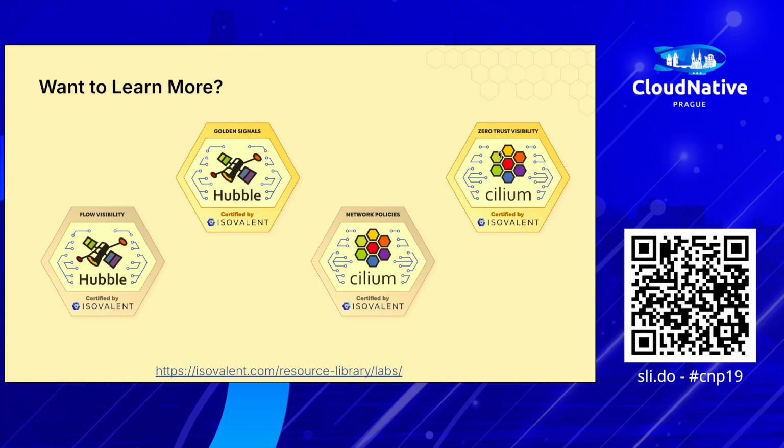We were playing with the golden signals today for HTTP, but the other interesting ones are the Hubble flow visibility lab, the network policies lab, or zero trust visibility, another lab that shows how you can use Grafana to visualize your network traffic and also your network policies.